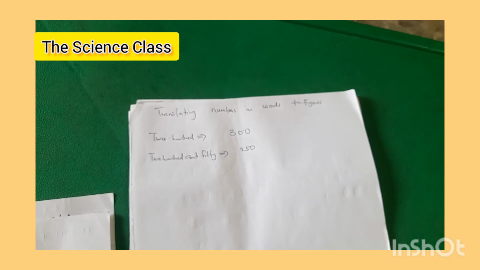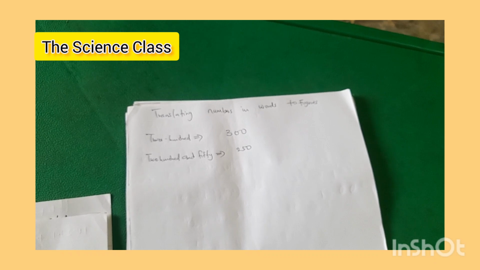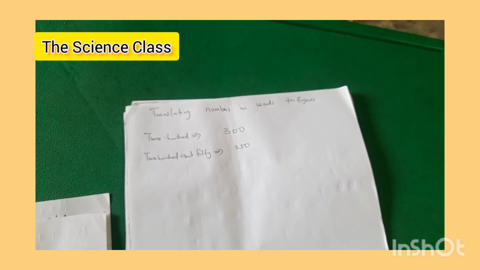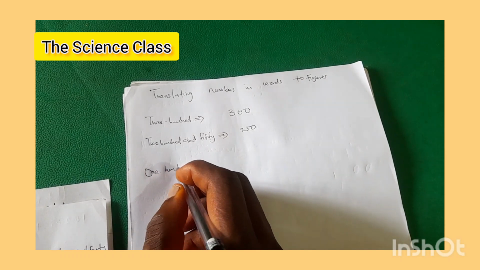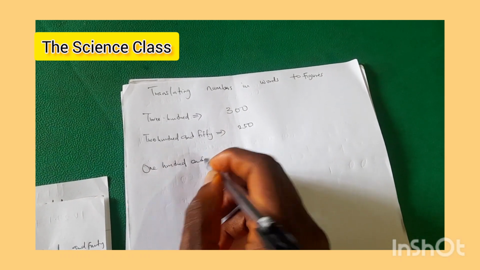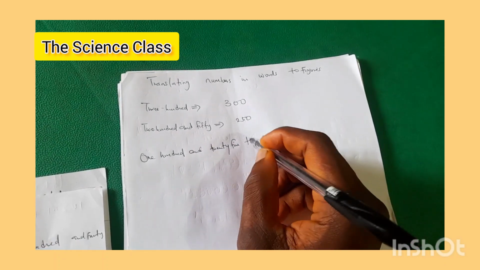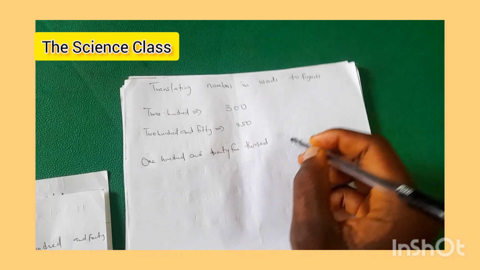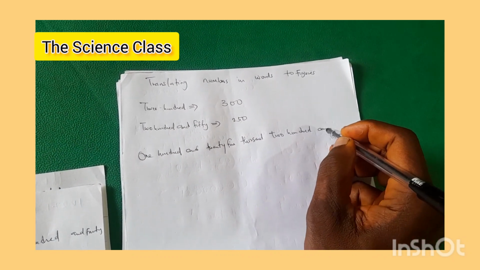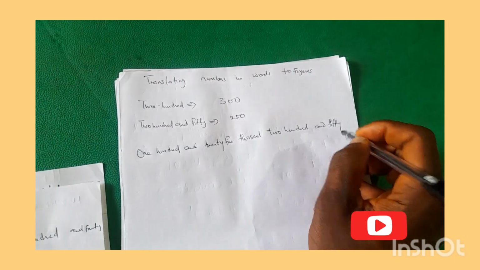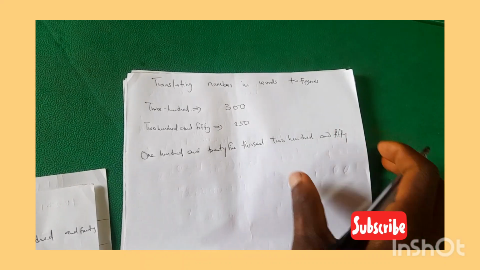But if you have a bigger number like 125,250, for example, you have 125,000.